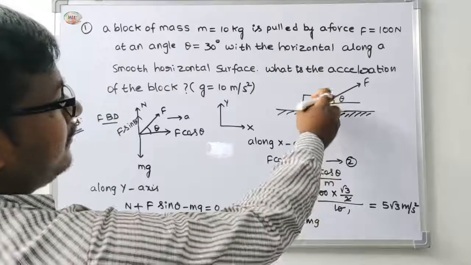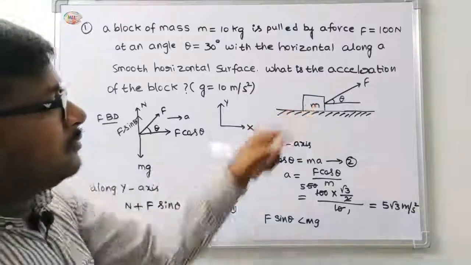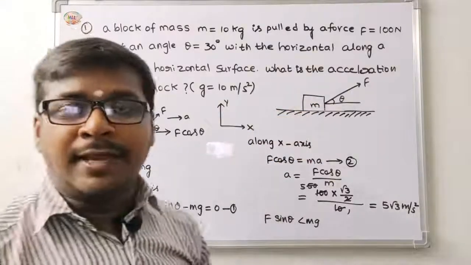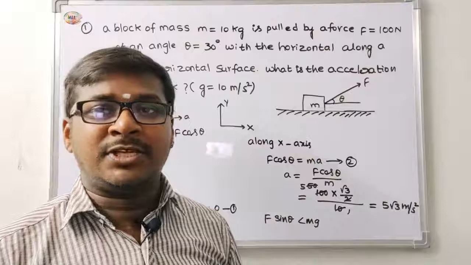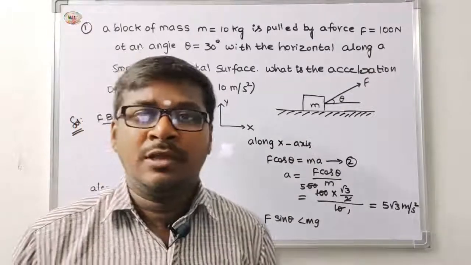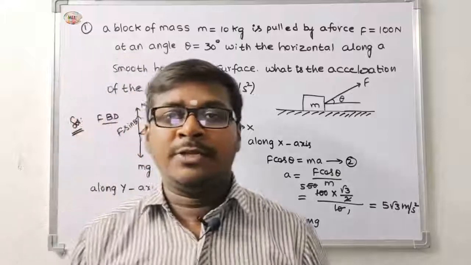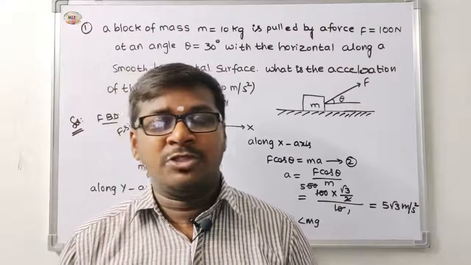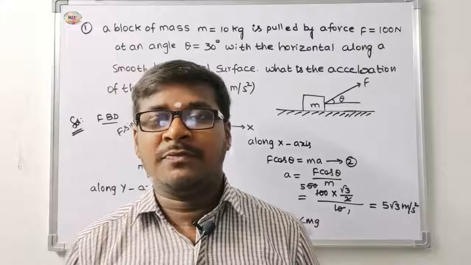In this block there is no acceleration along the y-axis, so the acceleration is 0, and then the force is 0, because according to Newton's second law, F is equal to ma, and 0 into anything is 0.